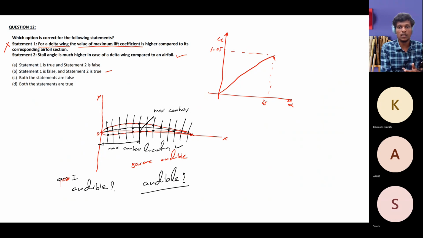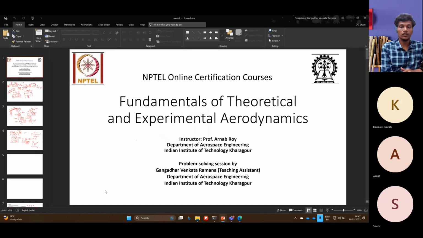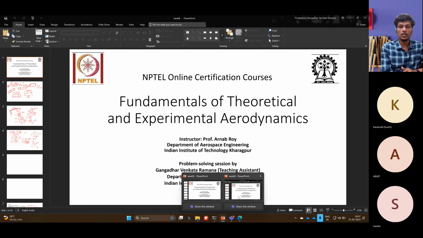We need to quantify those first, and then we can proceed with the corresponding experiments based on these coordinates. So we discussed how to identify these coordinates and how to proceed with the experimental analysis. Those are the details we discussed in the last class.